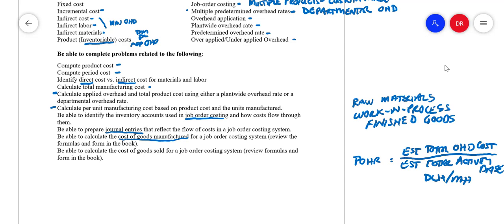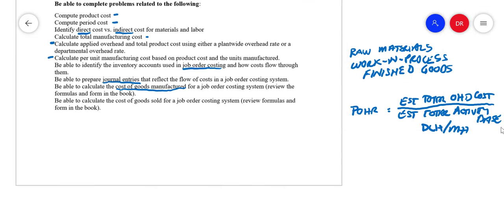Another one would be calculating the cost of goods manufactured. So if we're calculating cost of goods manufactured, we're going to start with beginning work in process. We'll add in direct materials from the raw materials inventory. We'll add in direct labor.